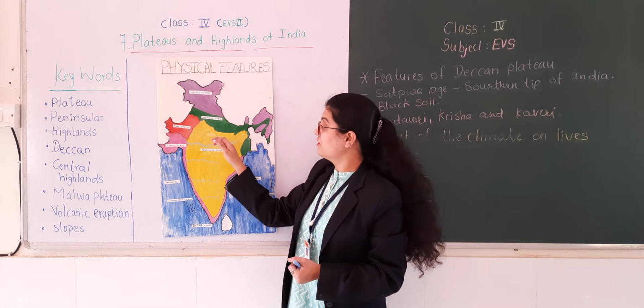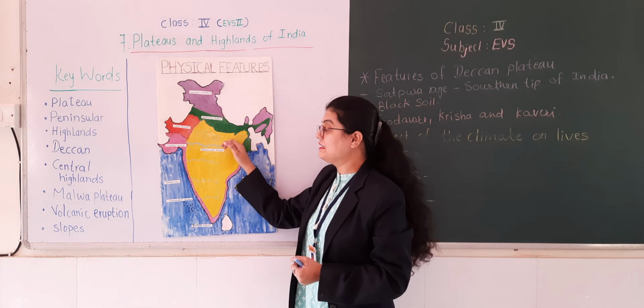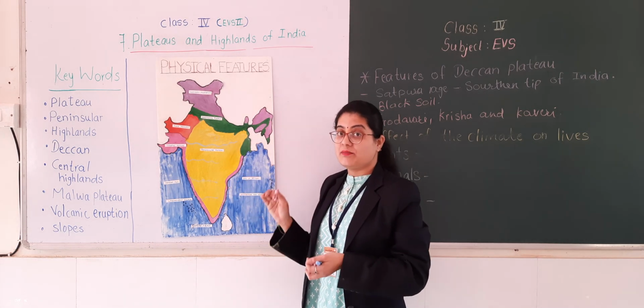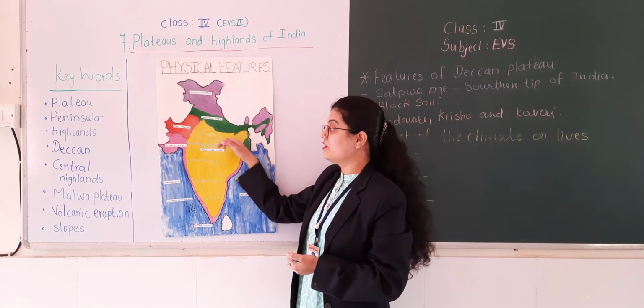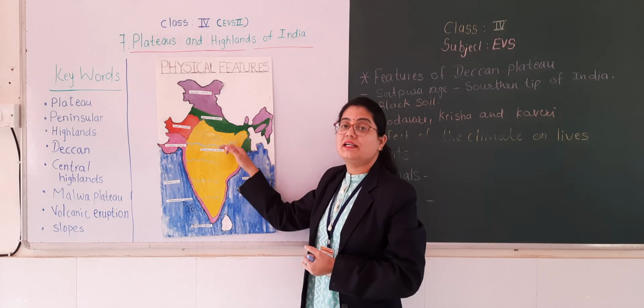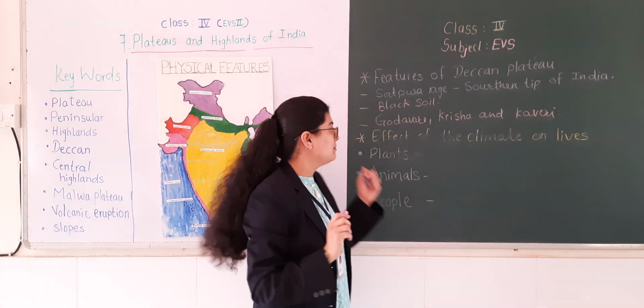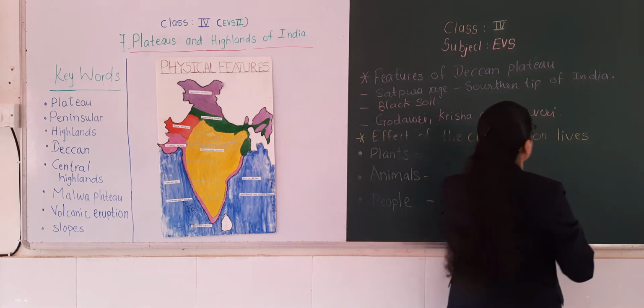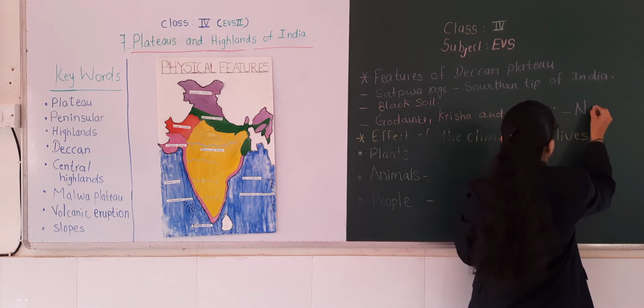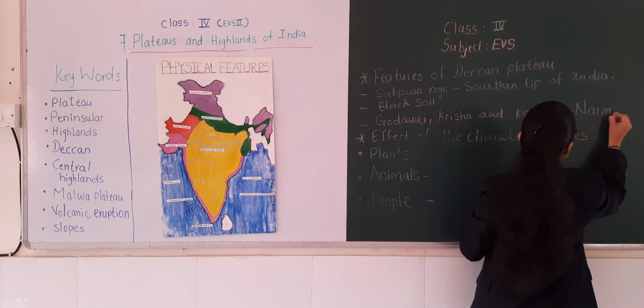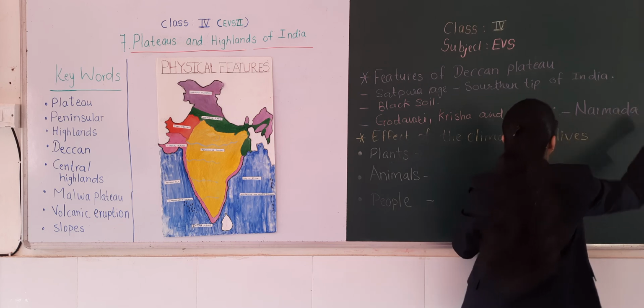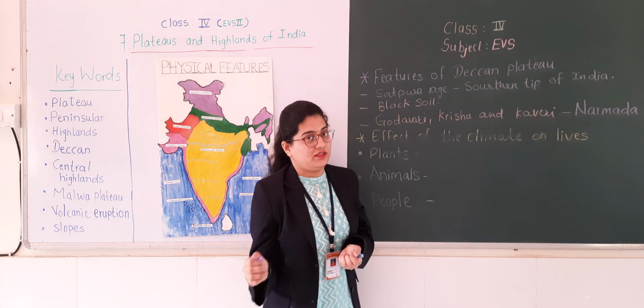The Narmada river also lies in this region. Which is the main river again? The Narmada river lies in the Deccan Plateau region.